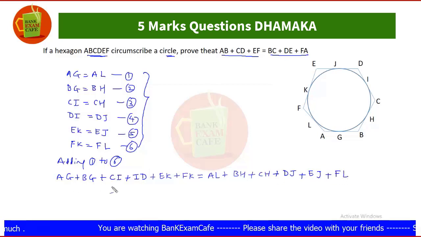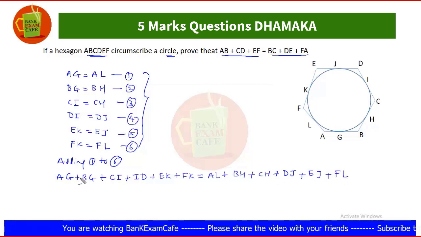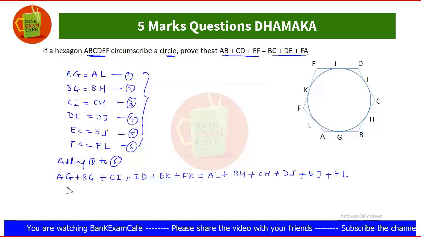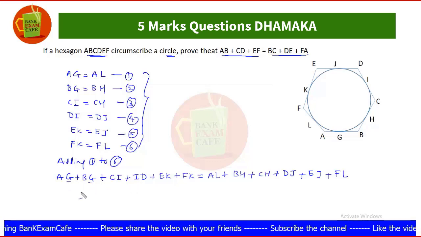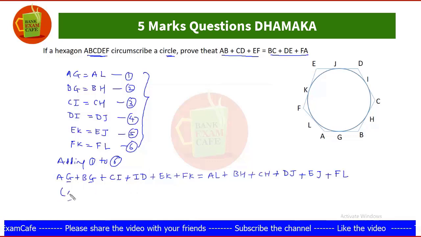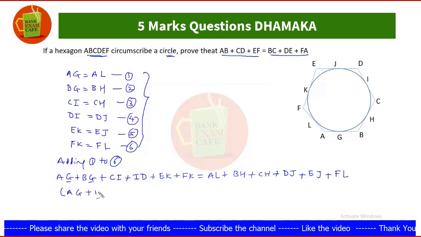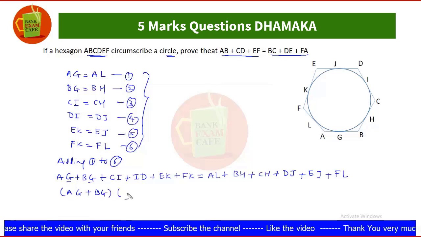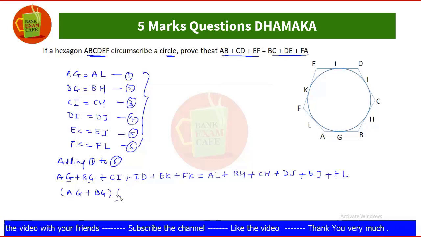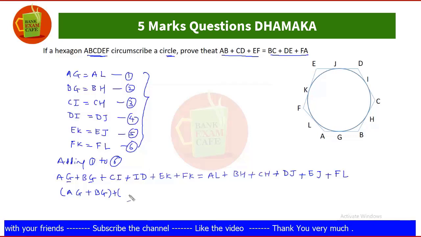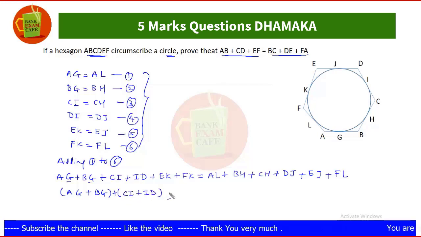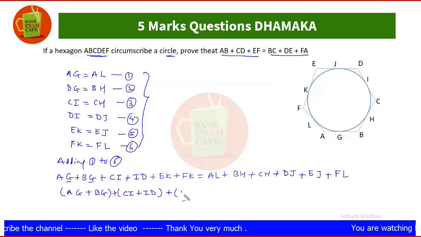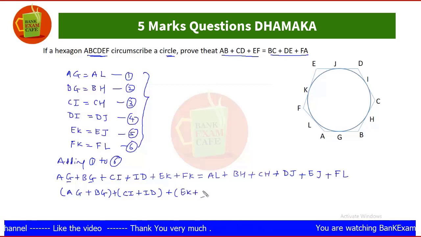Now here we will combine the two lengths, that is AG and BG. Here AG and BG, we will take them together. So AG plus BG into another bracket plus another pair is CI plus ID plus another pair will be EK plus FK.